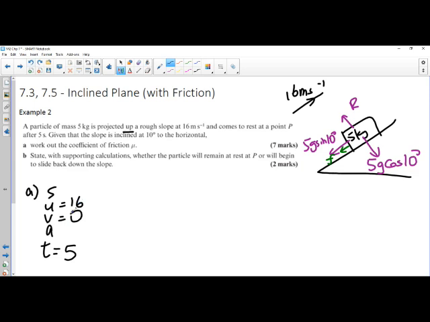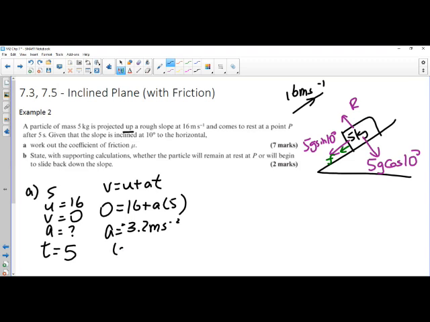So what are we trying to find here? Displacement doesn't help us because with force, F equals ma, the variable you want is the acceleration. So using V equals U plus AT, 0 equals 16 plus A times 5, A will equal negative 3.2 meters per second squared.